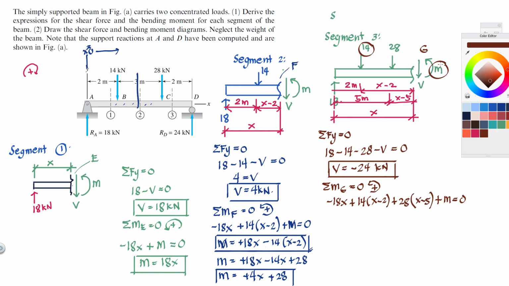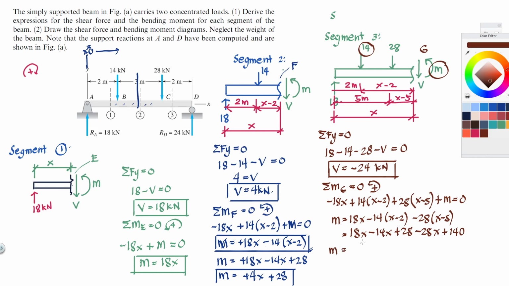Let me transfer to the other side. So the moment equals 18x minus 14 times x minus 2, minus 28 times x minus 5. Simplified, we have 18x minus 14x plus 28 minus 28x plus 140.